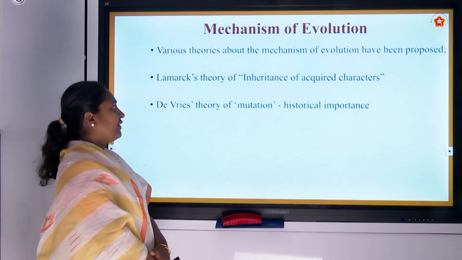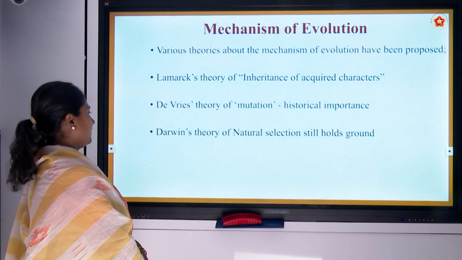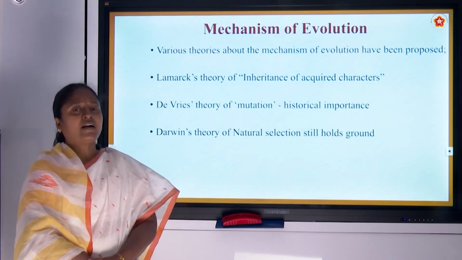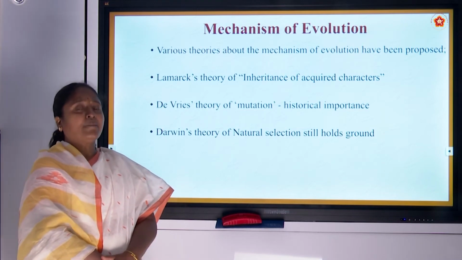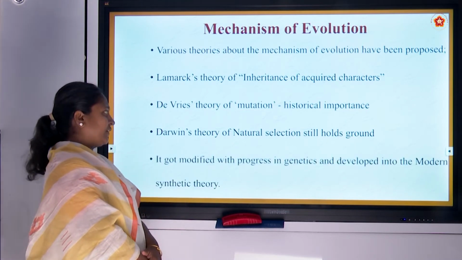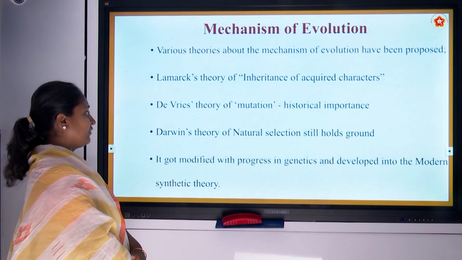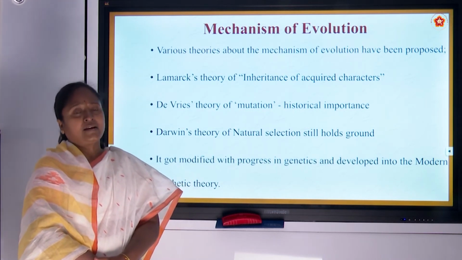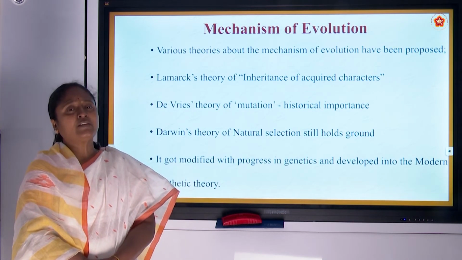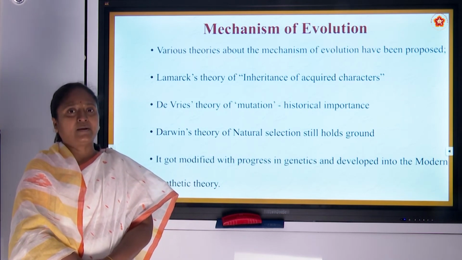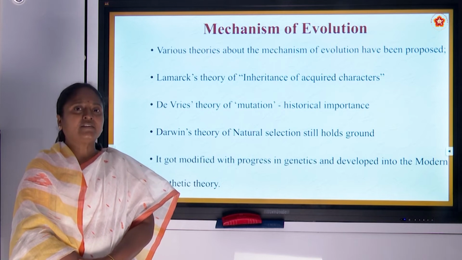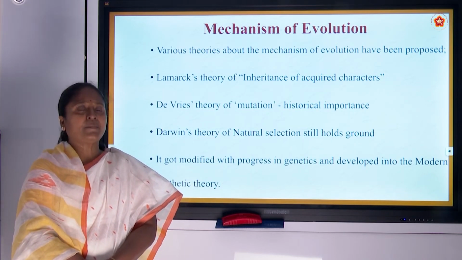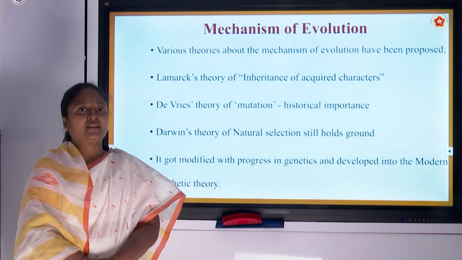This has some importance. Then Darwin's theory of natural selection is what is still followed, but with little modification. Why was there some modification? Because we are totally in a biological era where so many technologies are available, right? Based on the technology, we are able to get information which was not known to the people when they proposed the theory.